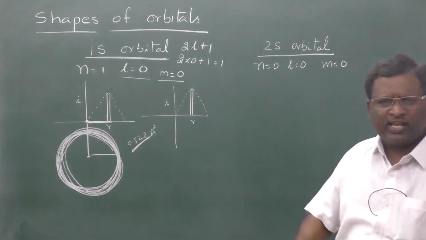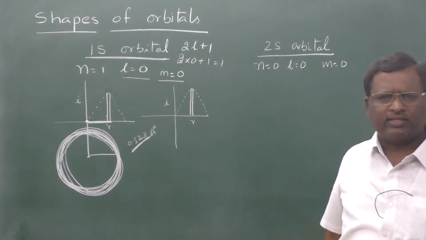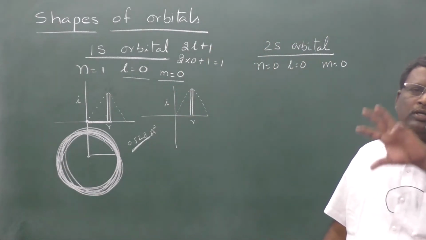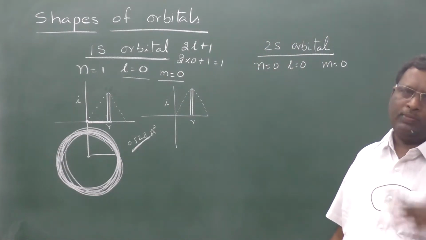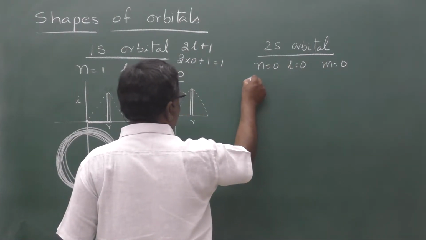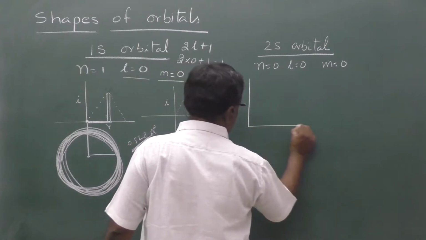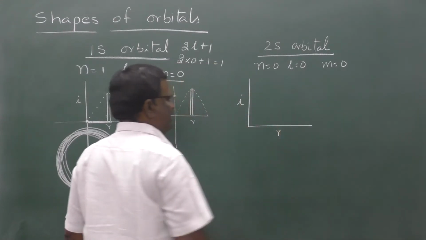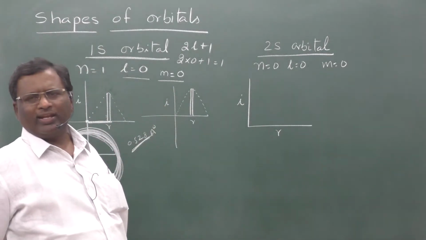That means along the x-axis, y-axis and z-axis, it shows the same radial probability. Now if I plot a graph, this is radial probability and this is radius.